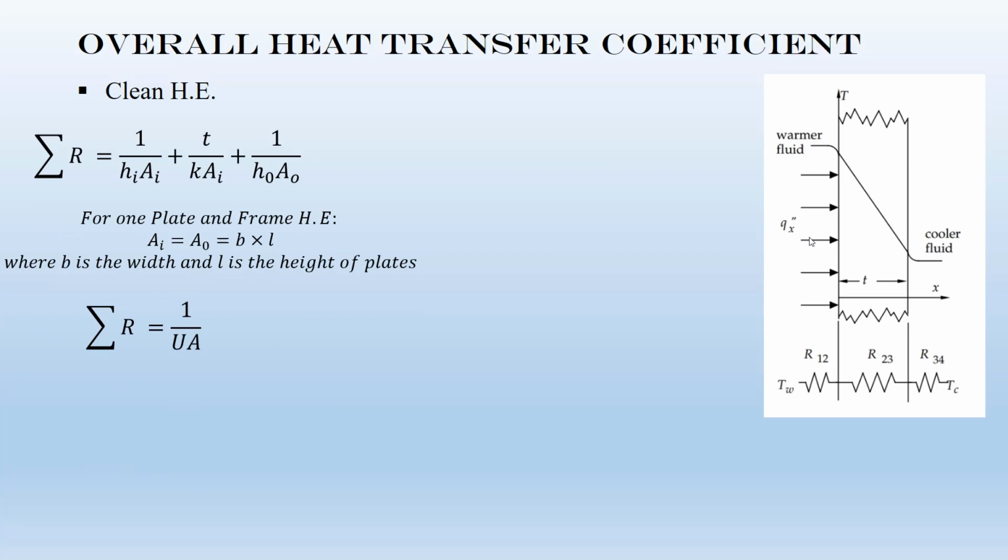So if there is no fouling factor, the total thermal resistance is the thermal resistance of the hot fluid, the cold fluid, and the conduction one. The area is the area of one plate, which is B times L, where B is the width of the plate and L is the length of the plate.